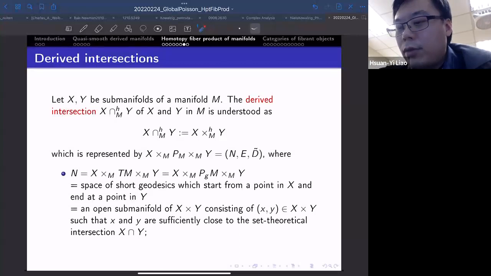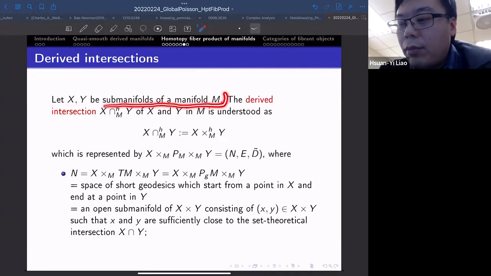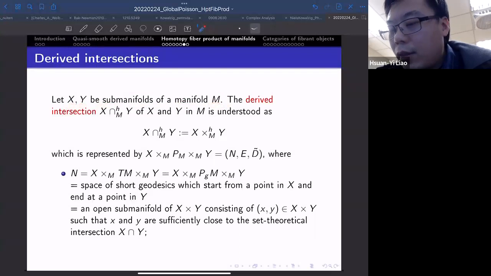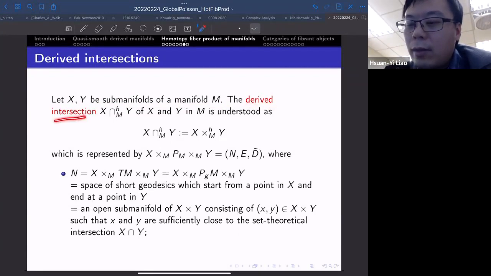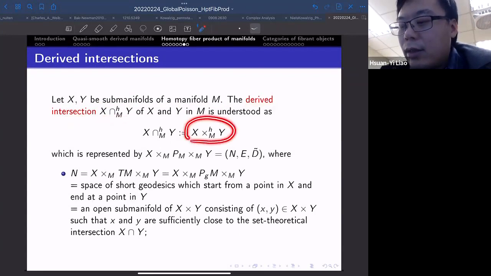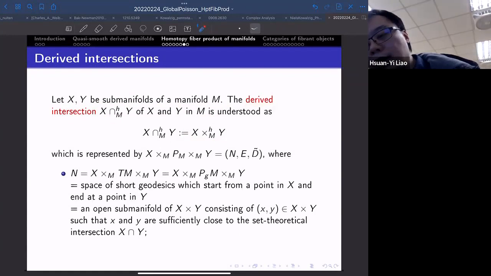Now X, Y are submanifolds of a manifold M, and I have two inclusion maps from X, Y to M. I just use these two inclusion maps to do the fiber product, then I get the set theoretical intersection. And now I replace the fiber product by the homotopy fiber product and see what we get. This is what I call the derived intersection, meaning the homotopy fiber product of X and Y using the inclusion maps.